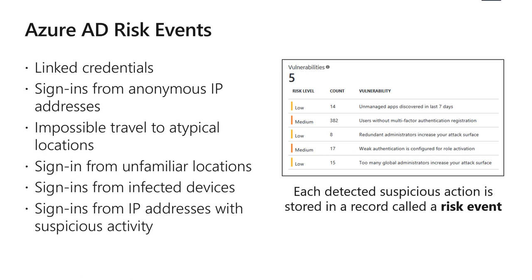And for impossible travel to atypical locations, this one identifies two sign-ins originating from geographically distant locations, where at least one of the locations may be atypical for the user, given past behavior. Among several other factors, this machine learning algorithm takes into account the time between the two sign-ins and the time it would have taken for the user to travel from one location to the other.